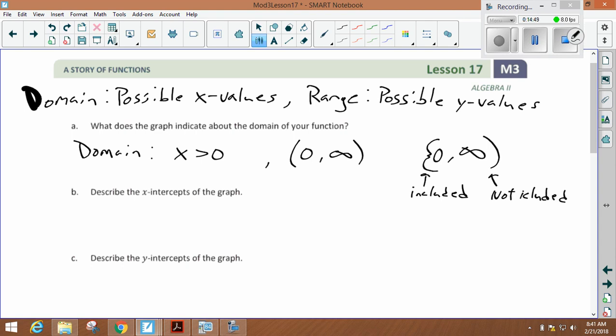But that's not part of our domain anyways, okay? Our domain is actually 0, not including. I just want you to be able to see, this is the notation you see the most, right? Writing it as an inequality. All right.